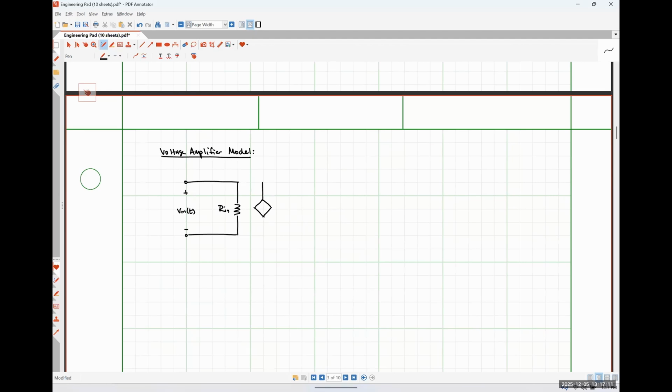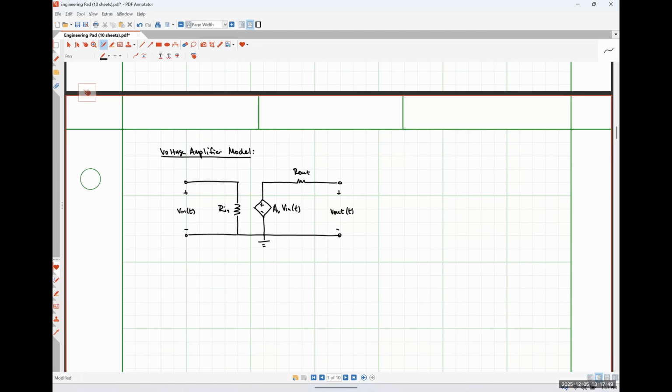Because this is a voltage amplifier, we are going to use a voltage-controlled voltage source to provide our gain in our model. And then here is the output resistance. And I'm just going to tie all of this together like so. Okay. Where this is our output voltage.